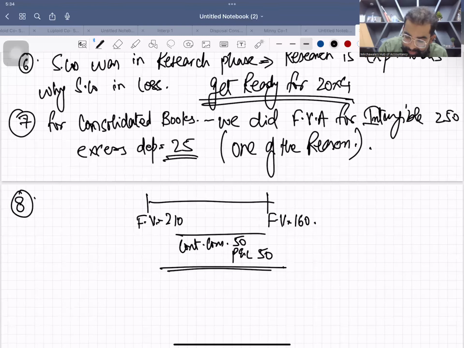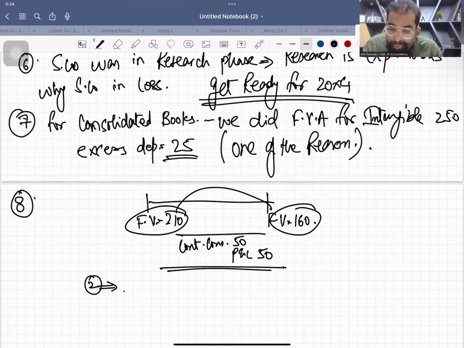Now the second angle, second point. What is contingent consideration? Listen. Parent company promised S company that we'll only pay you a big amount if S company performs good. But see, the fair value of liability is going down. That means now S company is not performing good.